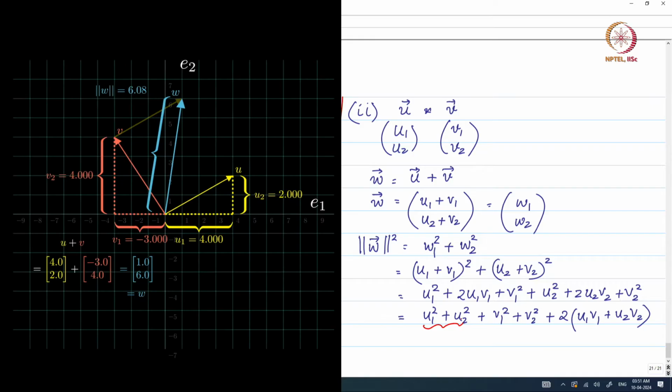You have u1 square plus u2 square, which we already know is nothing but the squared norm of the vector u. v1 square plus v2 square, something we already know, is the squared norm of the vector v, plus 2 times u dot v, which is u1 v1 plus u2 v2.